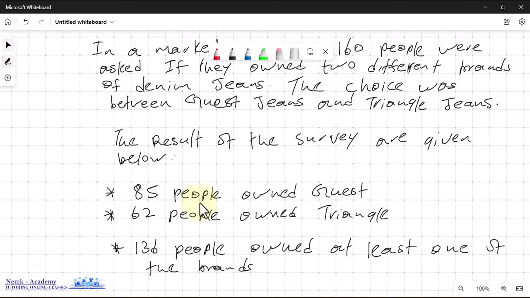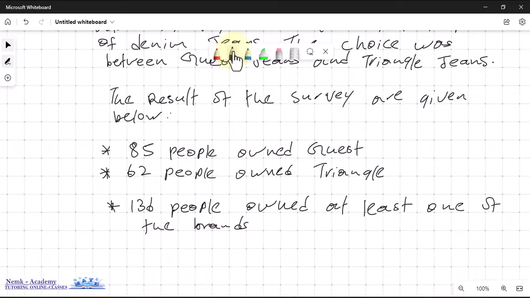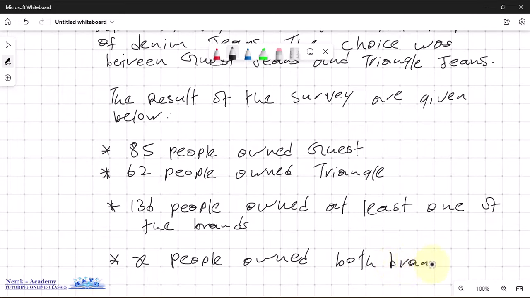And then the last point is that X people owned both jeans, or both brands. Okay.